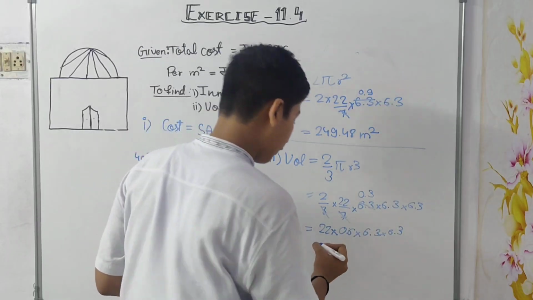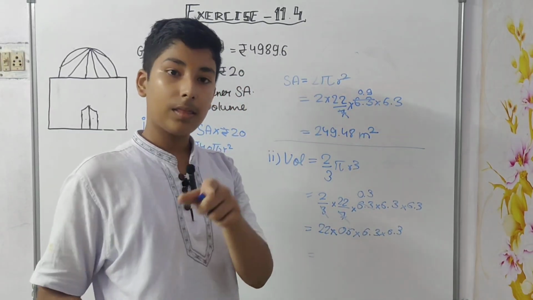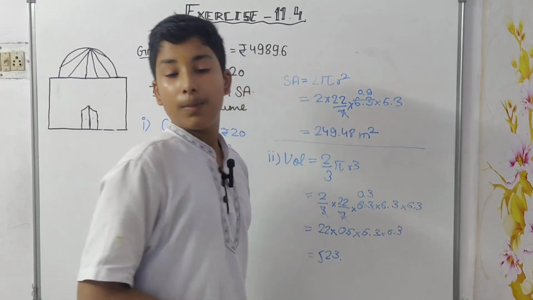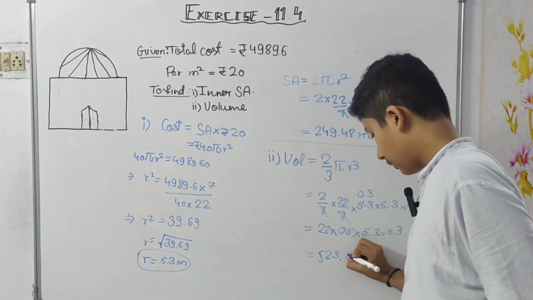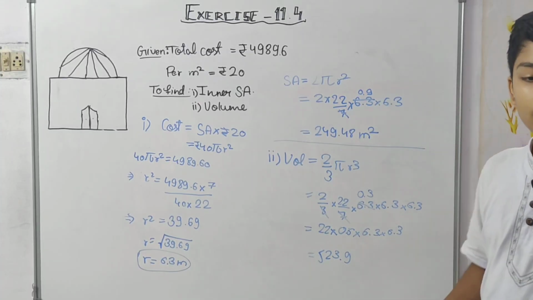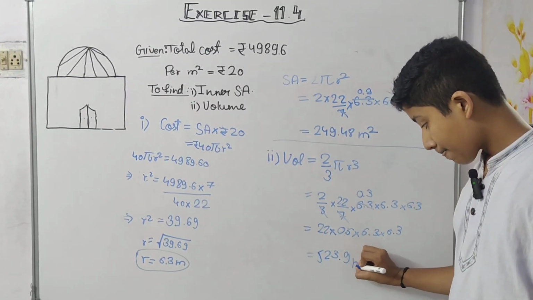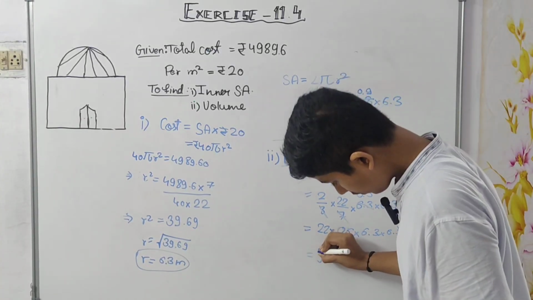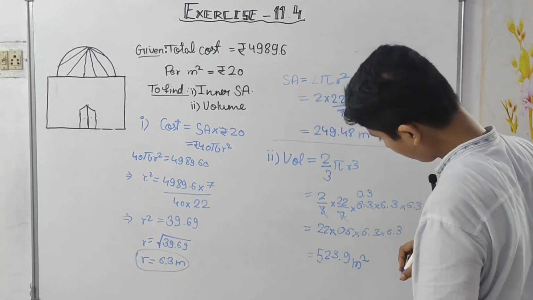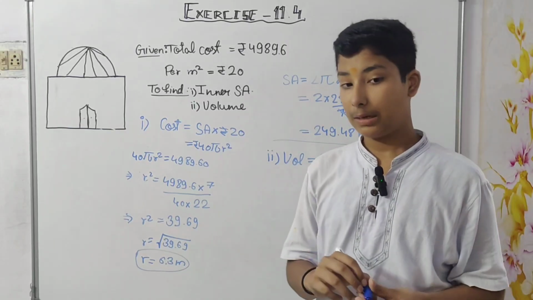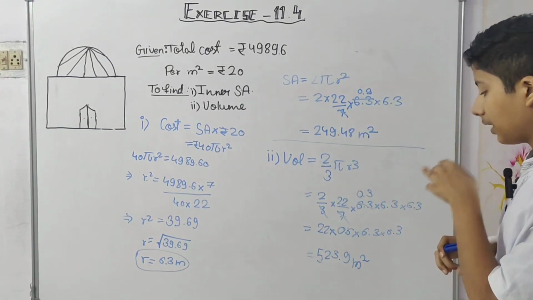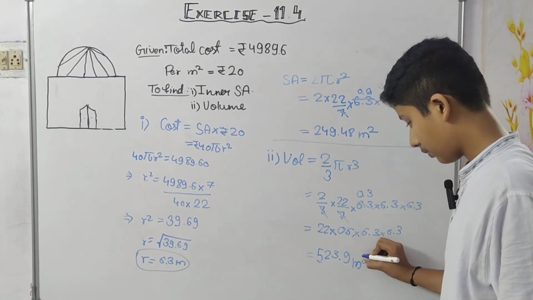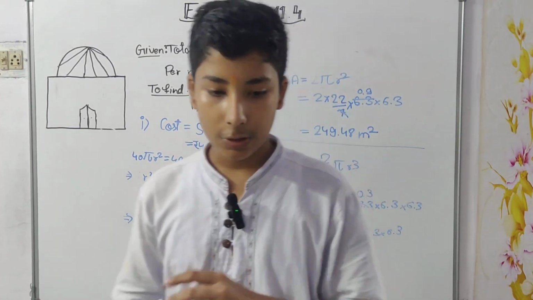When we solve this further, we get the answer as 523.9 meter cube, because that is the volume.